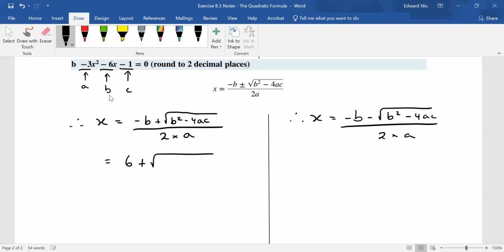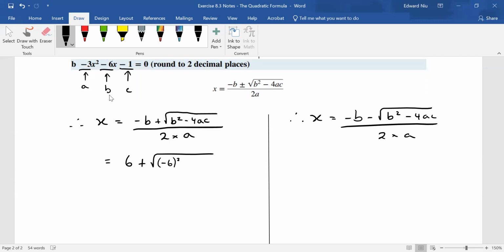plus b squared, which is negative 6. Now, when you input this into your calculator, you need to make sure you put brackets around the negative 6. Otherwise, it thinks it's negative brackets 6 brackets squared, which means you get a negative answer. Here, it's going to be a positive answer, okay, because the negative's inside the brackets.